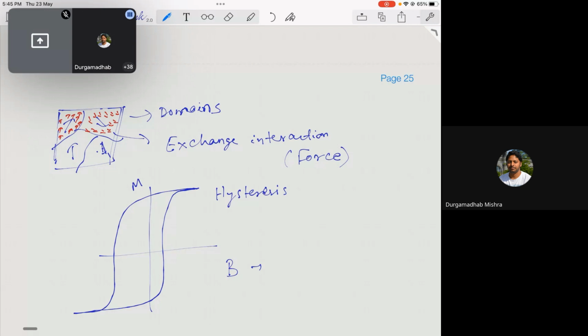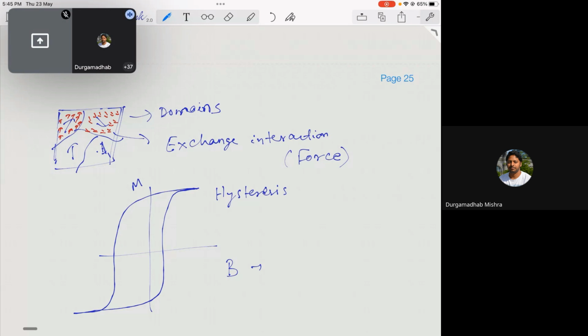Nevertheless, this is a signature of a ferromagnetic material. Similar to a ferromagnet, you also have materials which are antiferromagnets or ferrimagnets. We will not go into the detail of that because, with the limited scope here, we cannot really explain the origin of it.